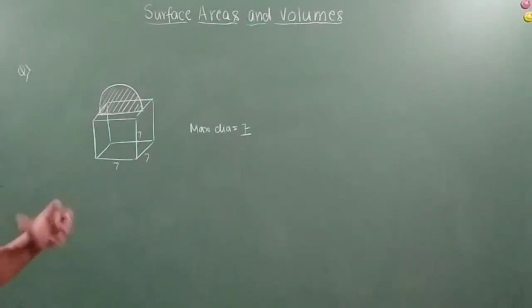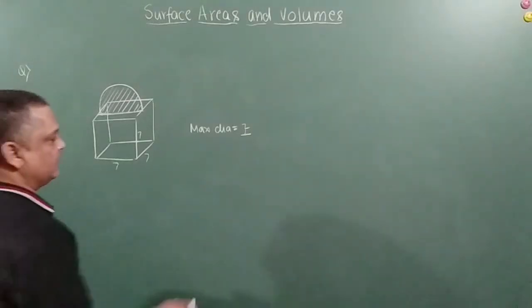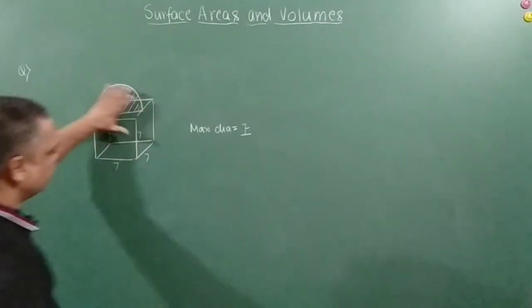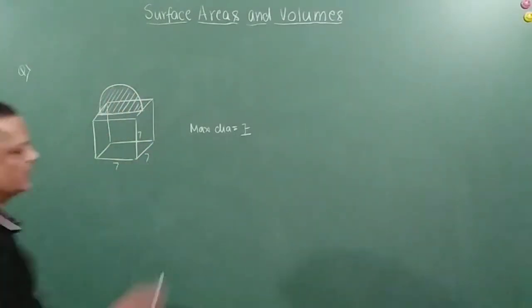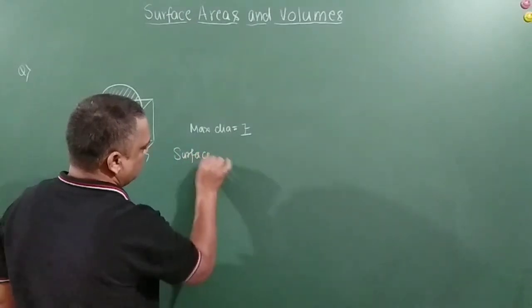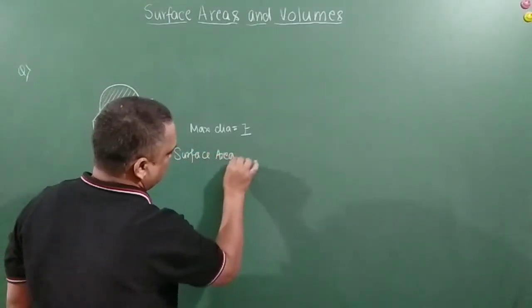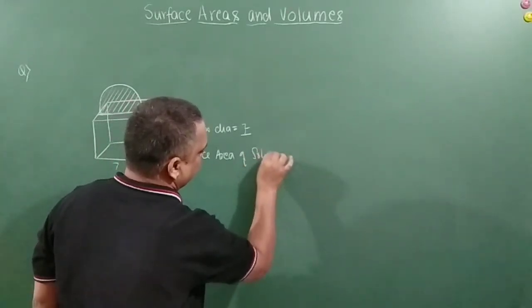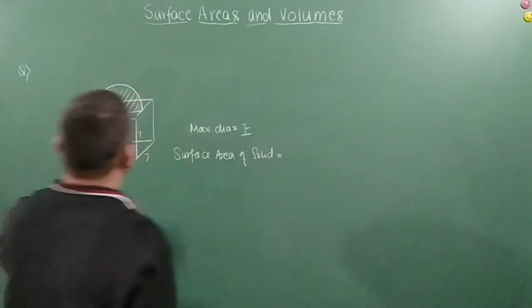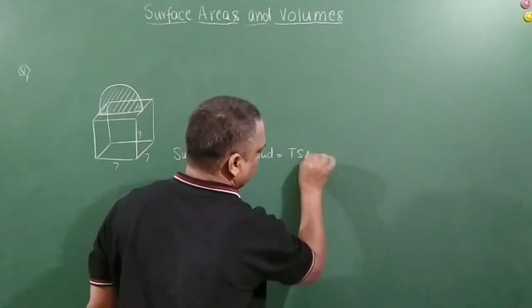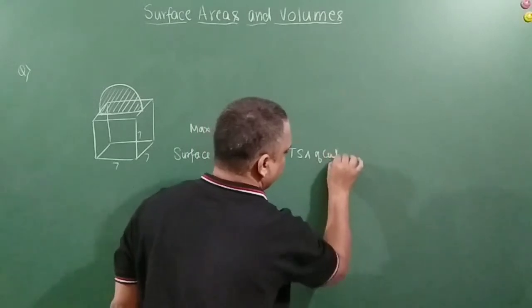So friends, for this, what we will do is that surface area of this solid will be total surface area of the cube. I'll write, combination of solid. I'll just say surface area of solid is equal to the total surface area of cube.